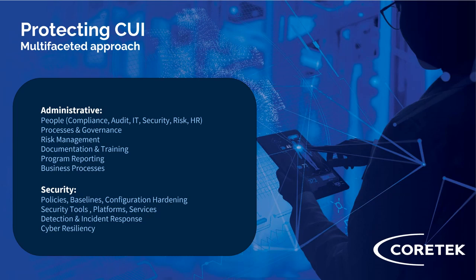It involves compliance and audit people, whether internal or external. IT and data security, they're definitely involved. Your risk team, if you don't have a risk team, maybe they fold up under another organization. And then the one organization people don't think about is HR. Your HR team has to be part of this.